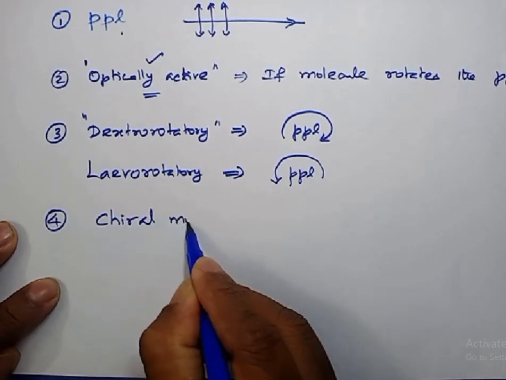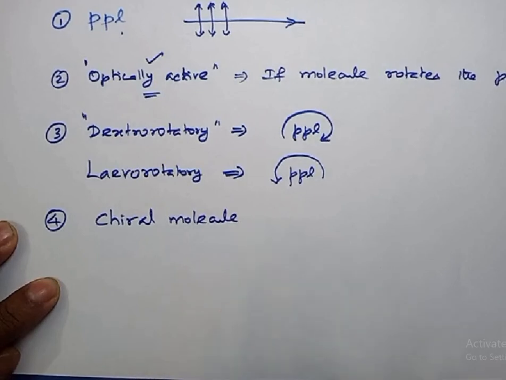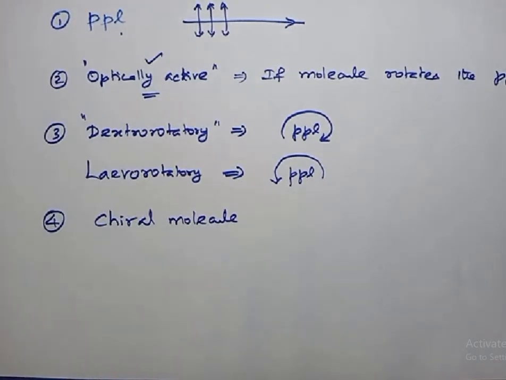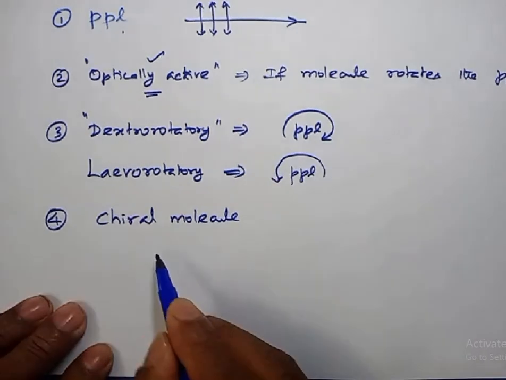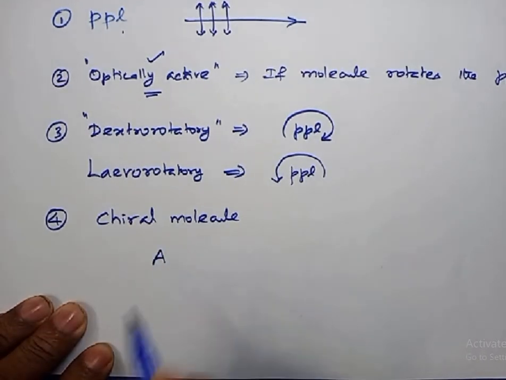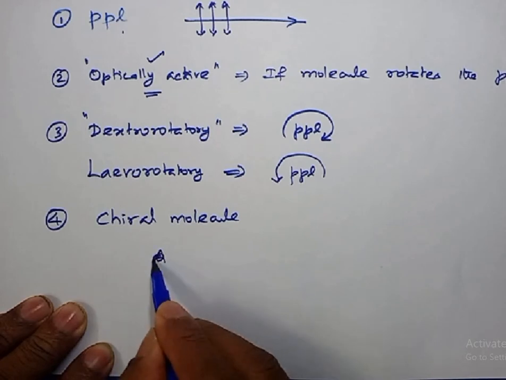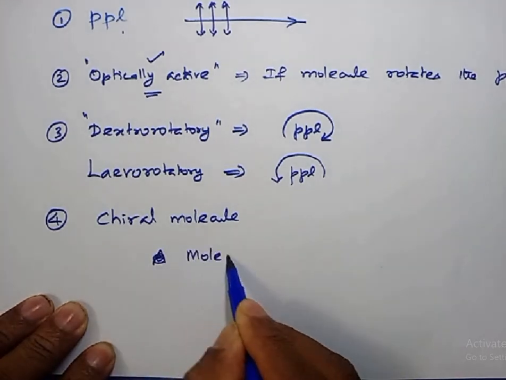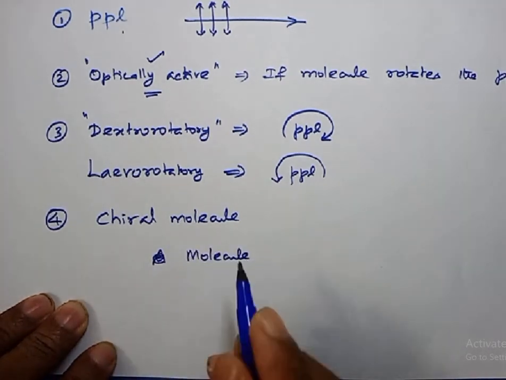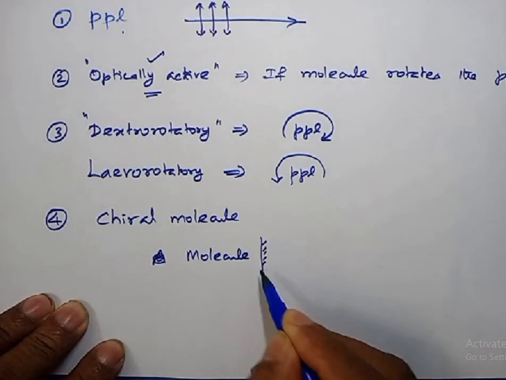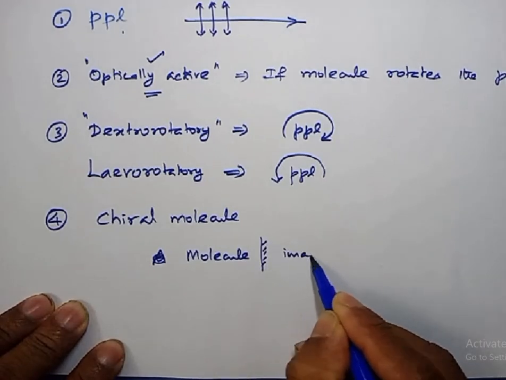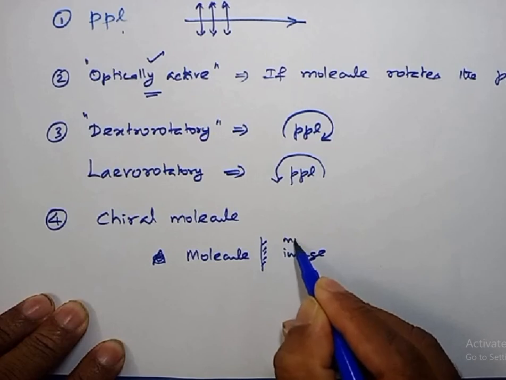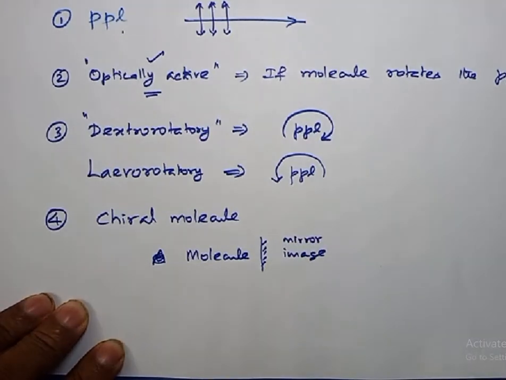Chiral molecule. What is meant by a chiral molecule? When can we say a molecule is a chiral molecule? Very simple. Suppose I give some molecule. Take the mirror image of the molecule.